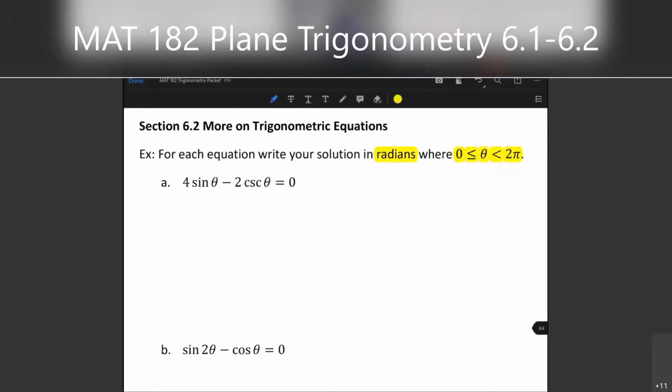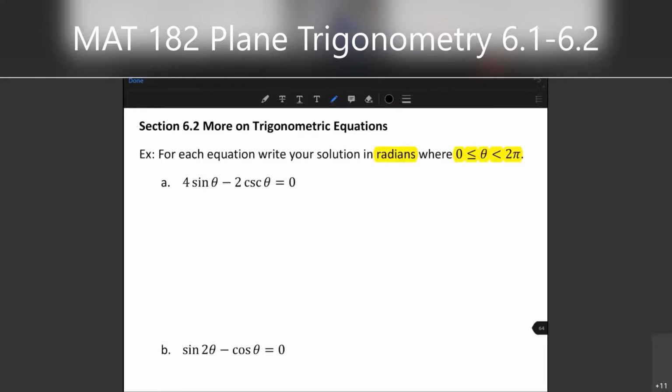All right, so let's consider first how we might want to tackle this problem. We have a cosecant and a sine function. So how would we represent the cosecant in a simpler way in terms of sines and cosines? How would we be able to represent cosecant?